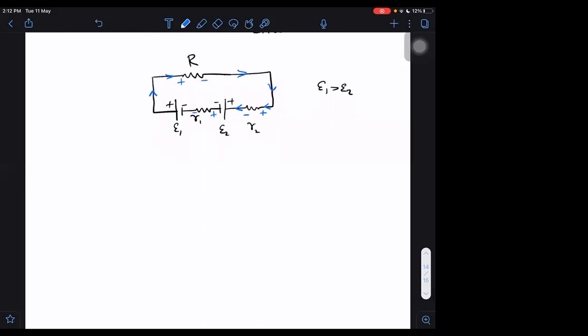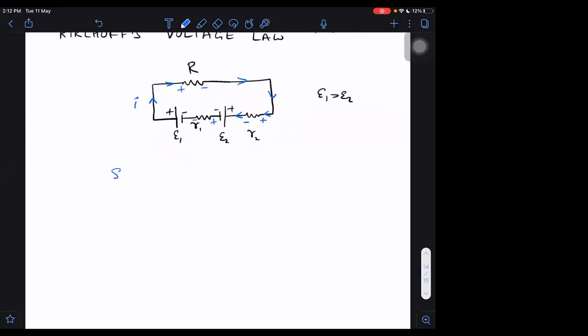Now we can say that the sum of net potential drops, or I can say potential increases or potential drops, around a closed loop will be equal to 0.